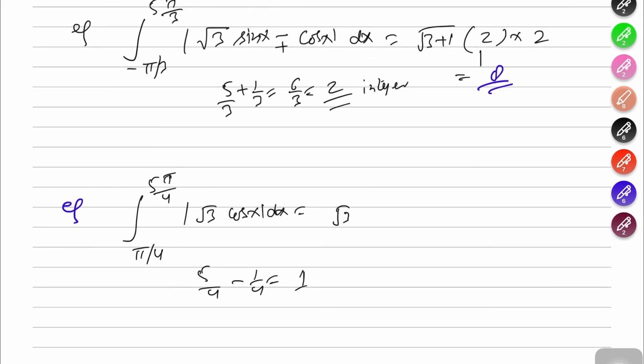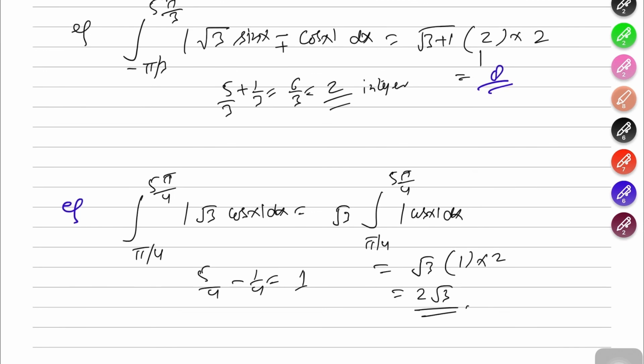So root 3 we can take outside: root 3 times the integral from pi by 4 to 5 pi by 4 of |cos x| dx. That answer is root 3 times 1 times 2, because it is (p2 minus p1) into 2. So the answer is 2 root 3.